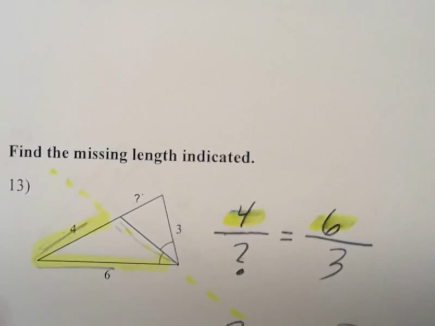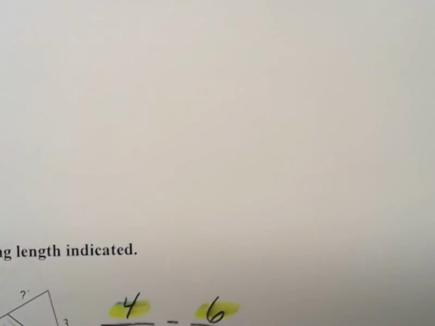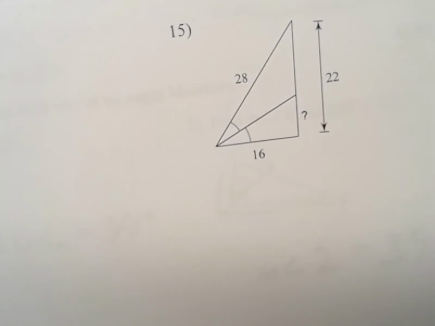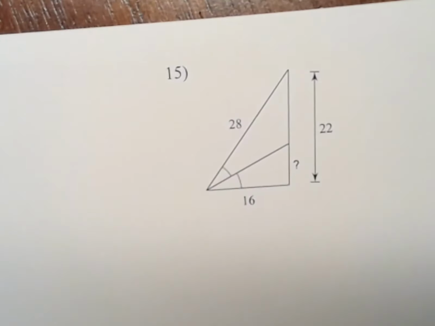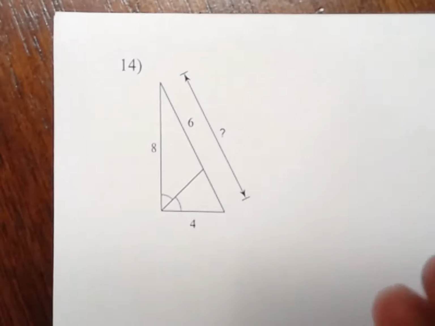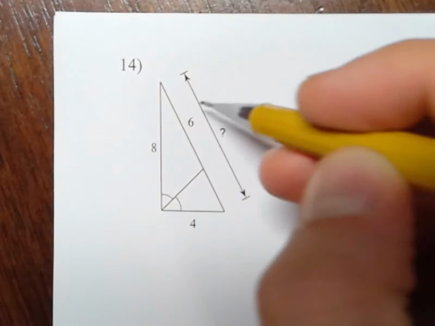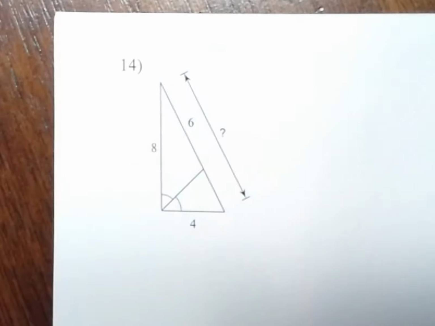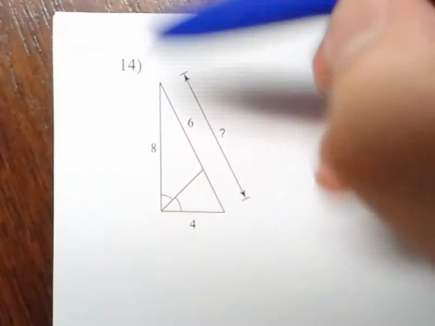Okay. So let's move on to another example. So here, the entire side is the question mark, but this portion right here is 6.